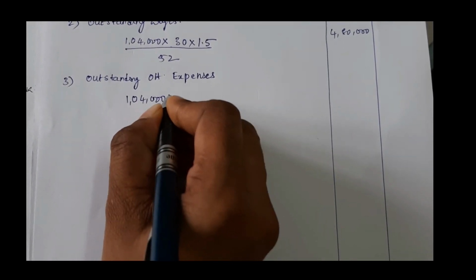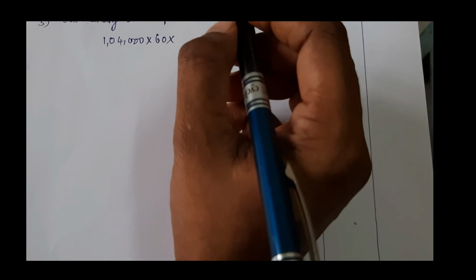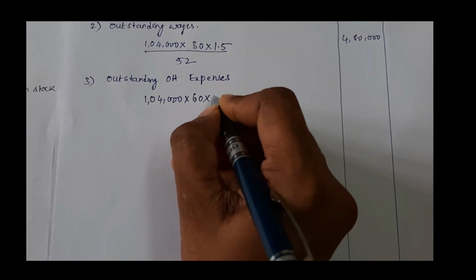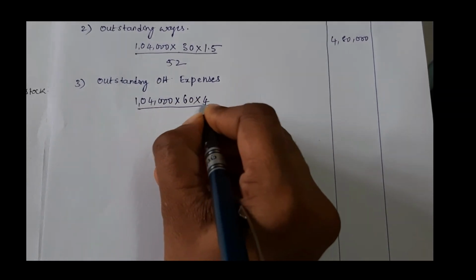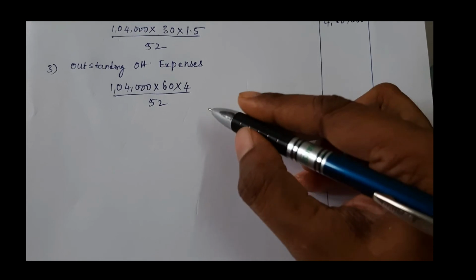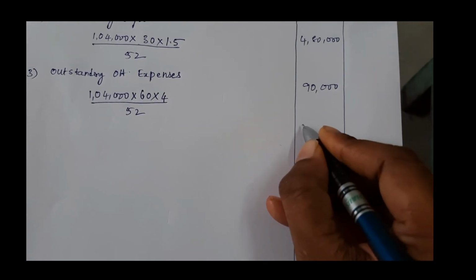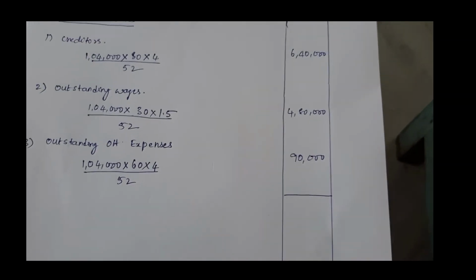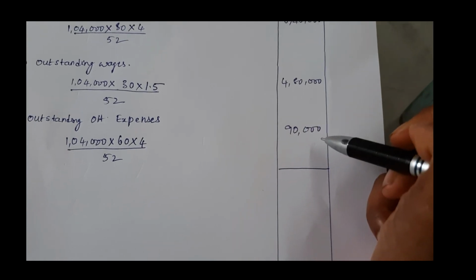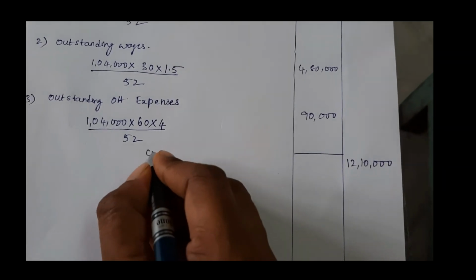Number of units produced are 1,04,000 into the cost of overhead are 60 into, as the lag in payment of overhead expenses is given 1 month, so we have to write 1 month equivalent to 4 weeks, therefore into 4 divided by total time period required for the production, that is 52 weeks. So we will get 90,000. So this is going to be the total of all current liabilities: 6,40,000, 4,80,000 and 90,000. We will get 12,10,000 of current liabilities.